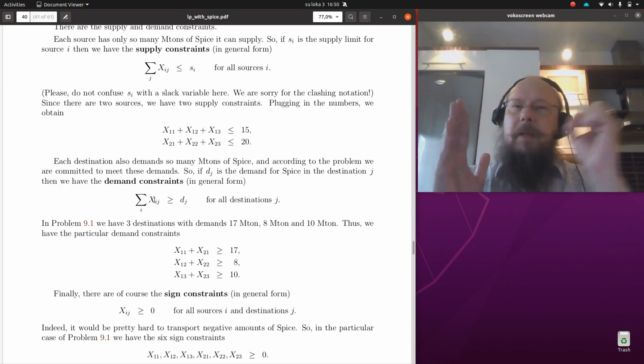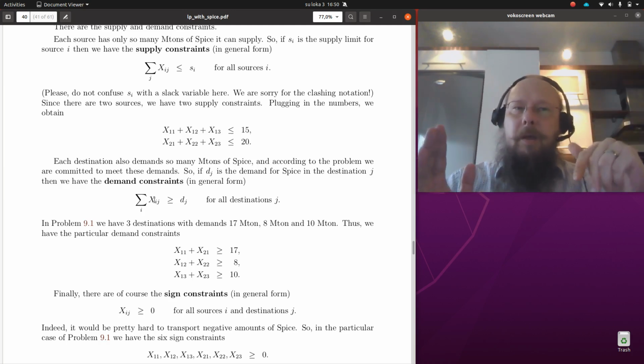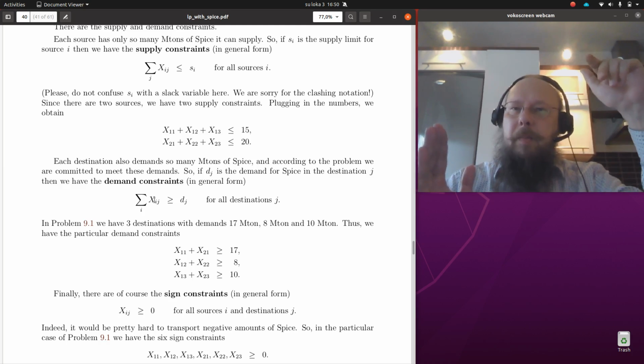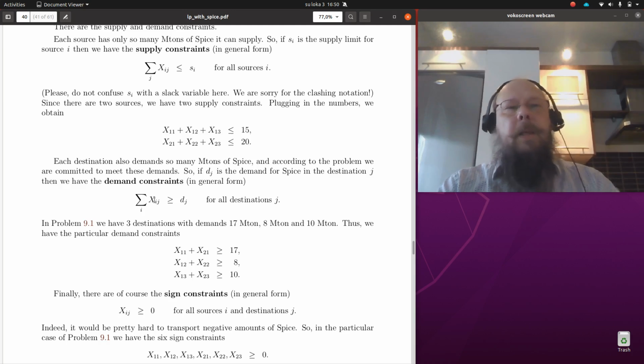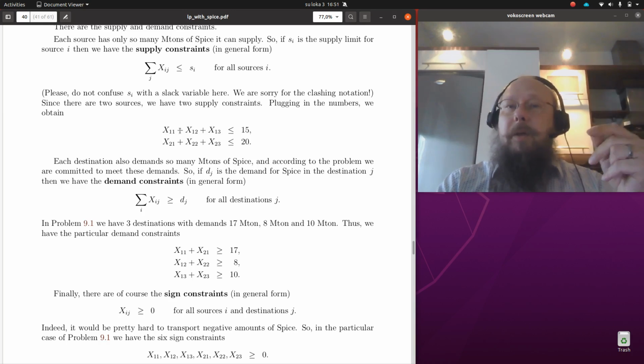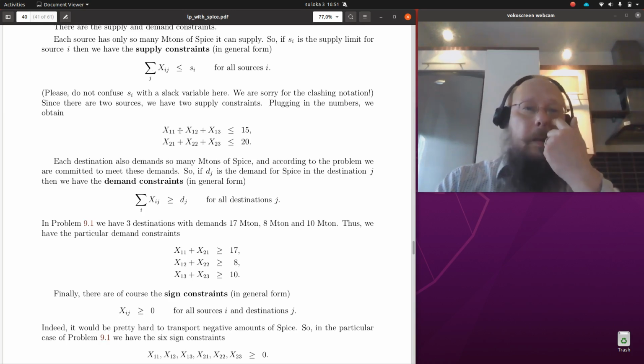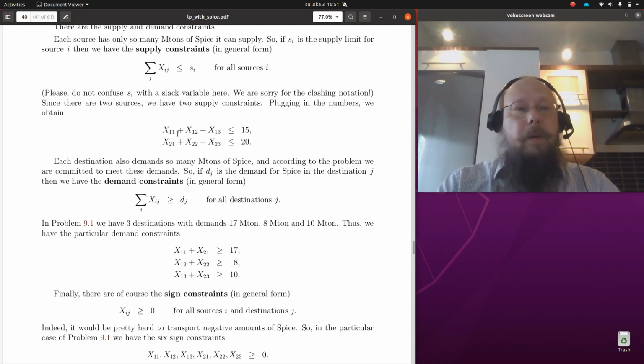How much there is flow going from different sources i, summing up all i, to the destination that is a fixed j. And this must be at least d_j, that is the demand. We have promised that much to the destination j. So this is just like here, but i's and j's go the other way around, and of course it's now a lower bound, not an upper bound.